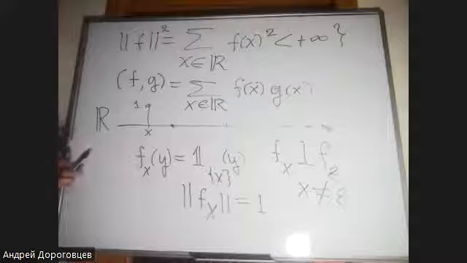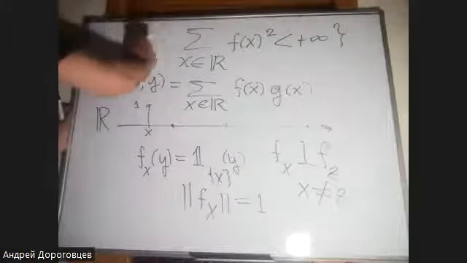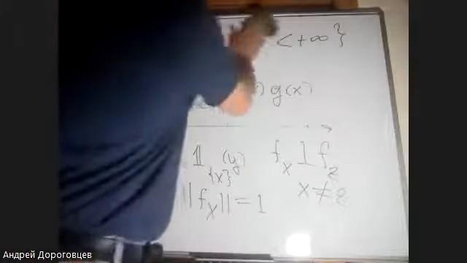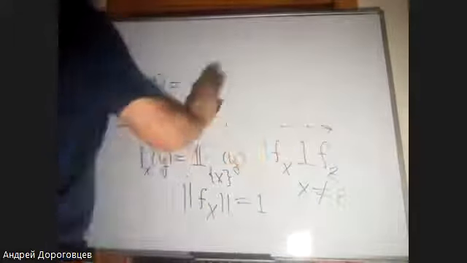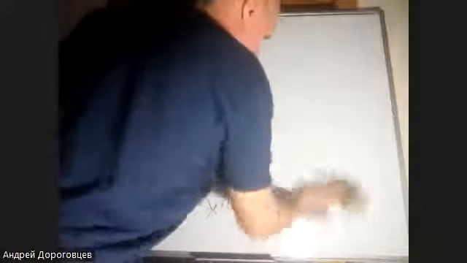Now let me go to the Banach spaces. So now we will consider examples of Banach spaces, and here the definition is the following: we have a linear space, and it is normed and complete.